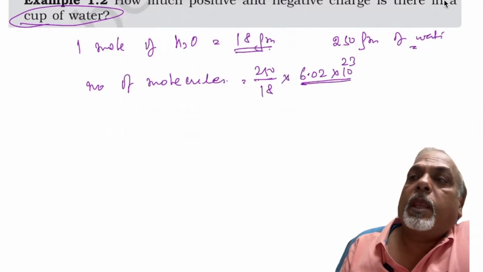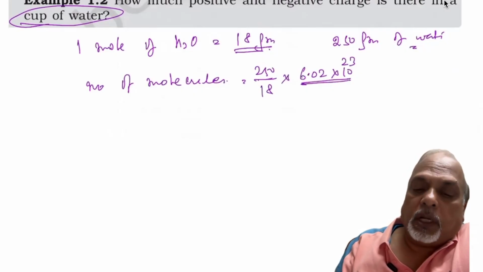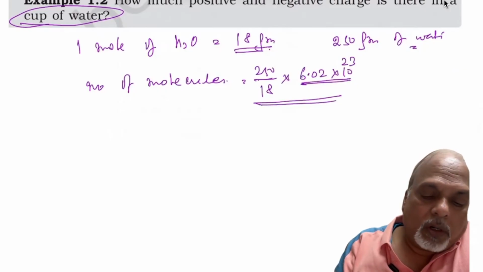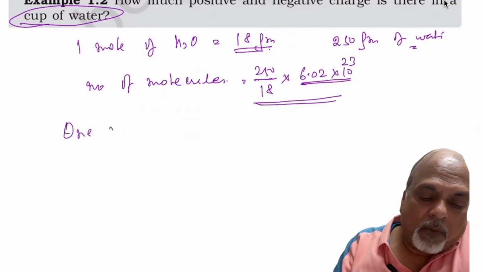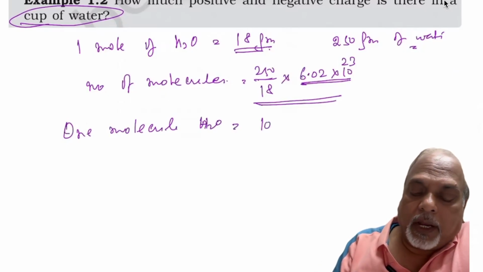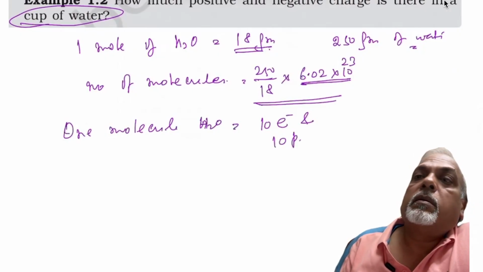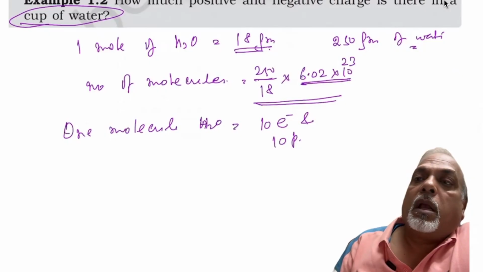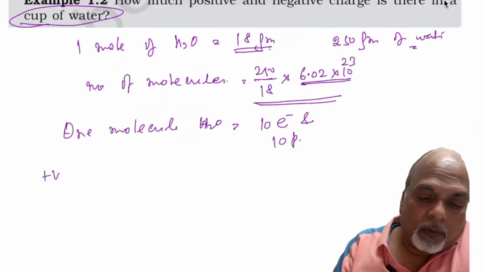Correct? So this is the number of molecules, but one molecule contains 10 electrons and 10 protons. Correct? So how much charge will be there?